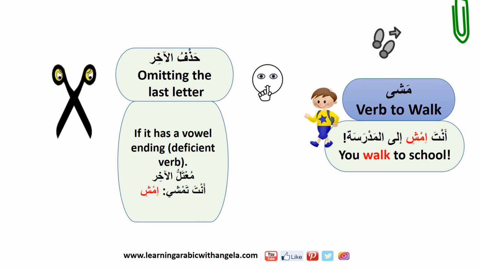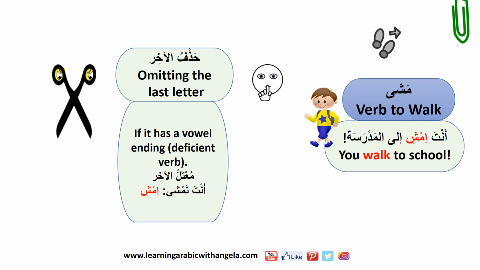So we've said that the first sign of the imperative verb is the sukoon, and we've got another sign which is omitting the last letter, and this is typical for a verb that has a vowel ending, that is a deficient verb, such as the verb to walk, مشى. أنت امشي إلى المدرسة.